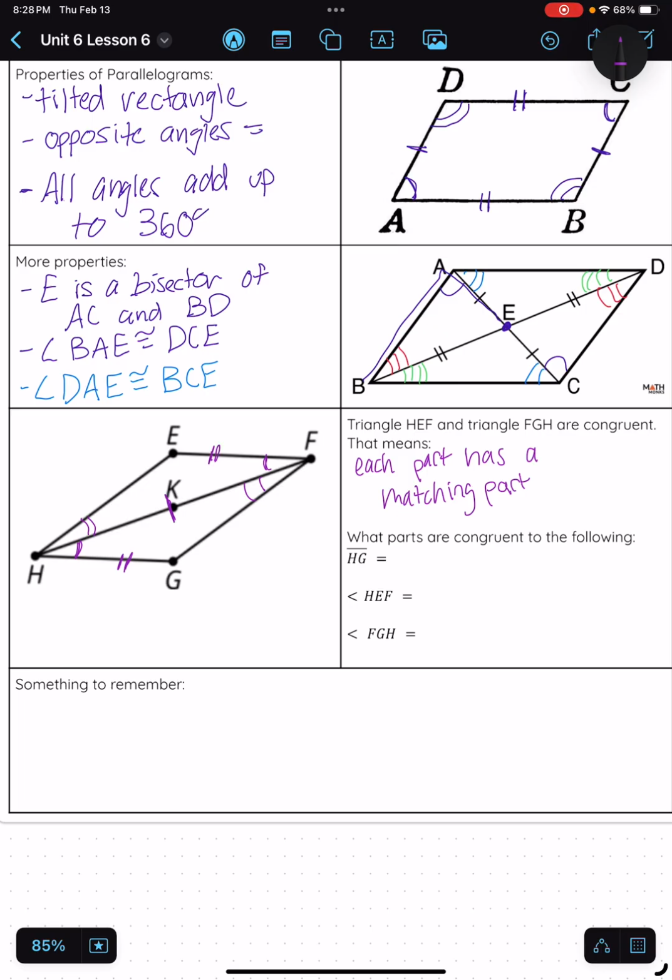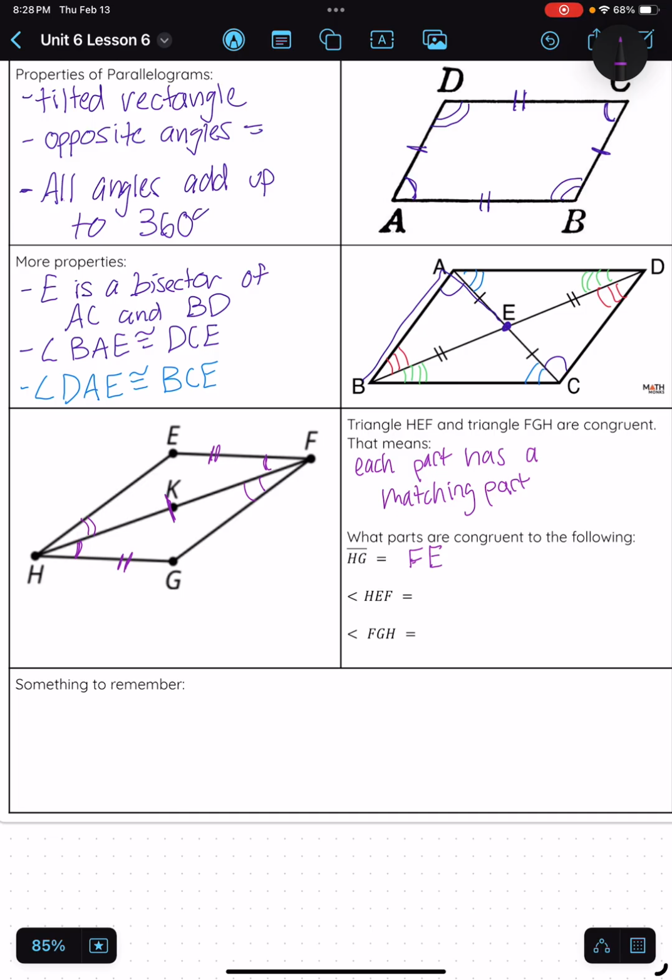So HG is going to match up with FE. Because we want to start from the part that has the one angle and go to G. So then here we do FE.